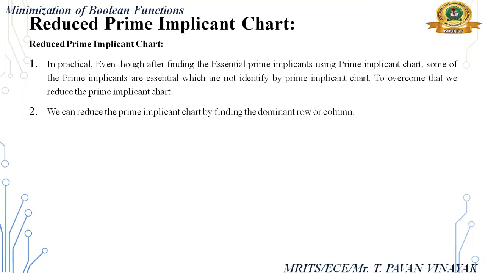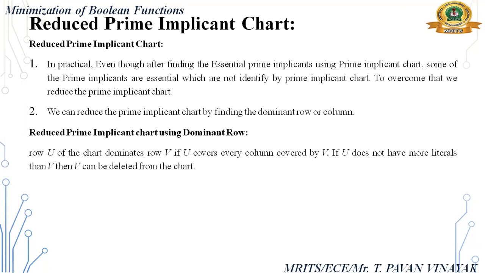there is one more possible way, that is dominant row or dominant column. What is a dominant row and what is a dominant column? Dominant row means compare two rows. If the first row has the minterms equally in the second row, you can remove one row, the one with more literals.